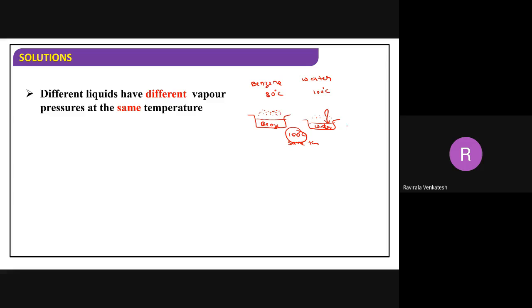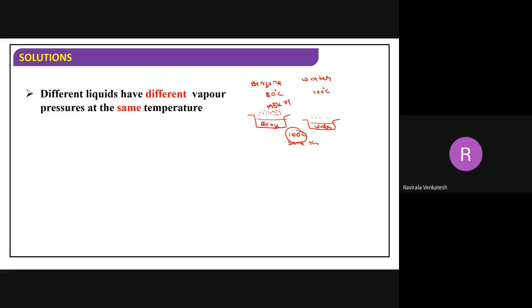Water condenses readily, because if you decrease to 95 degrees Celsius, it will convert into water, but benzene needs 80 degrees Celsius. But I am talking about vapor pressure, not condensation. Among these two, benzene has more vapor state, therefore it will have more vapor pressure.